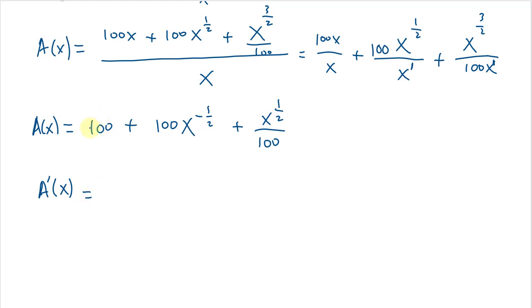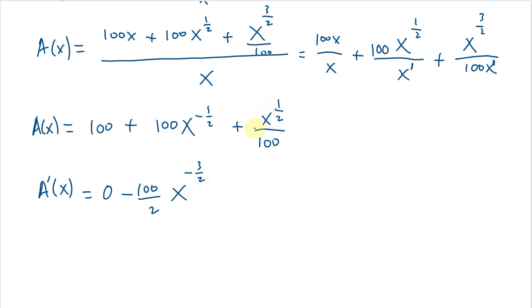The derivative of a constant becomes 0. This is the power rule, right? So I bring down the minus 1/2 to 100. I bring down a minus 1/2, and then I subtract 1 from that. Minus 1/2 subtract 1, minus 3/2.